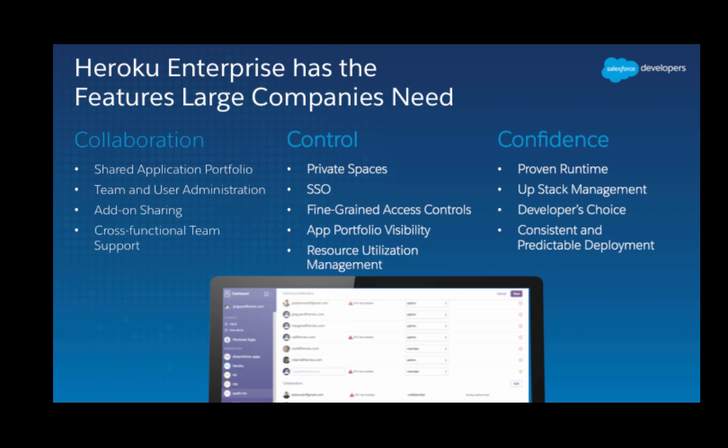So maybe some users can do that promotion to production and others can't. Maybe some users can access certain apps and others can't. And there's audit logging. Those are things that enterprises need for their deployment infrastructure, and that's what Heroku Enterprise provides.